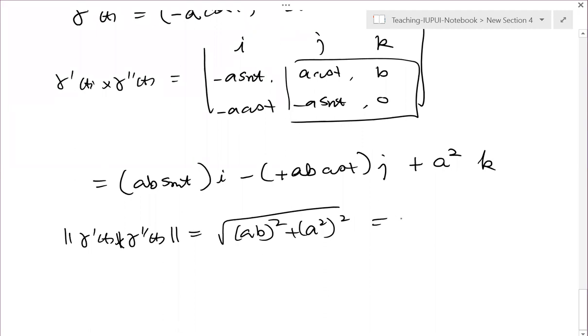I can take a squared out, and what's inside is a squared plus b squared.